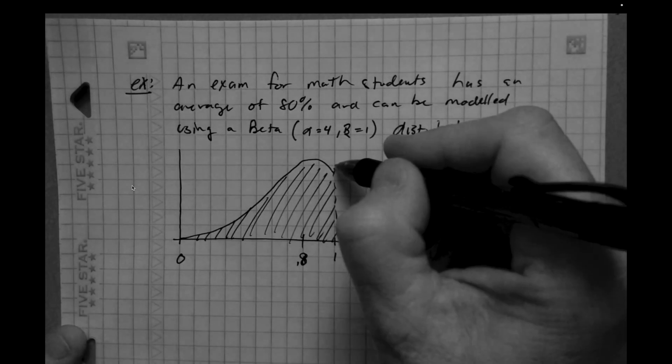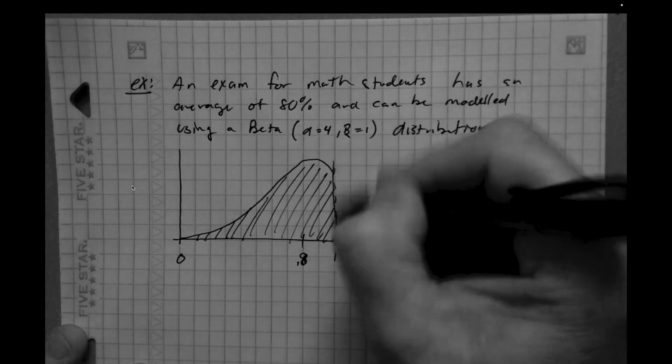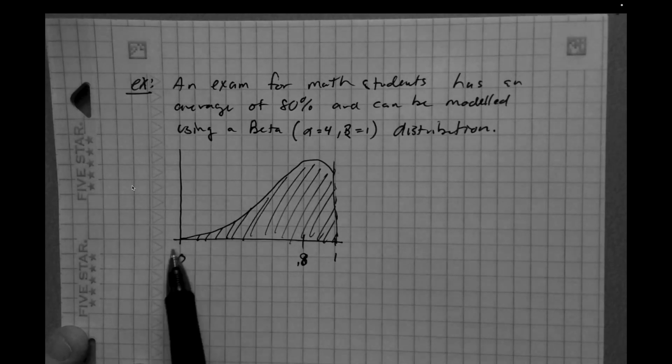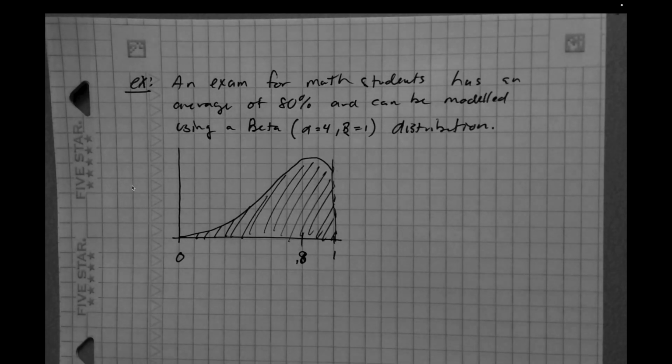And obviously, you can't do better than 100% on the exam, so you've got this hard cutoff at 100%. You can't do worse than 0%, so you've got obviously this cutoff below. And so this is a visualization of the distribution.